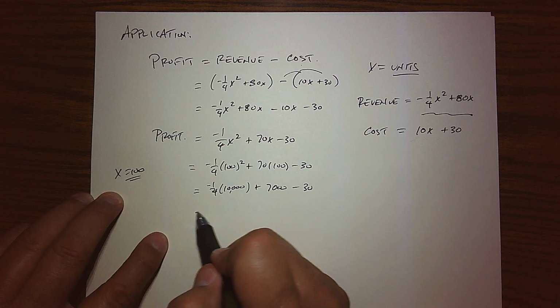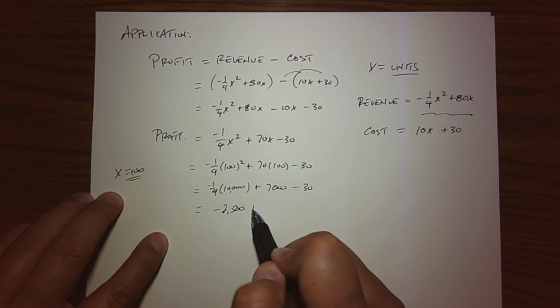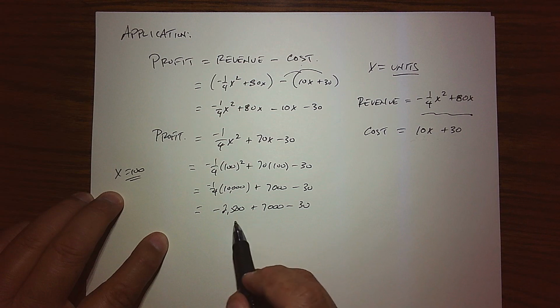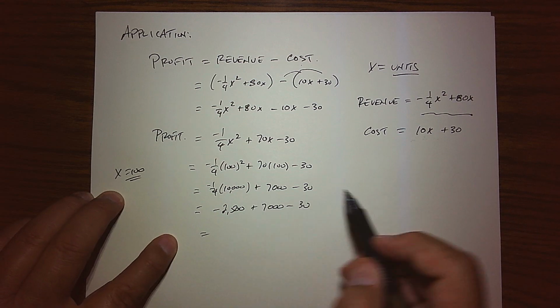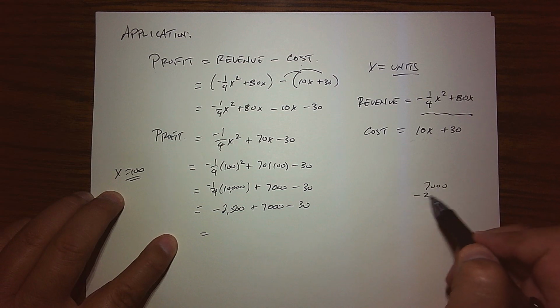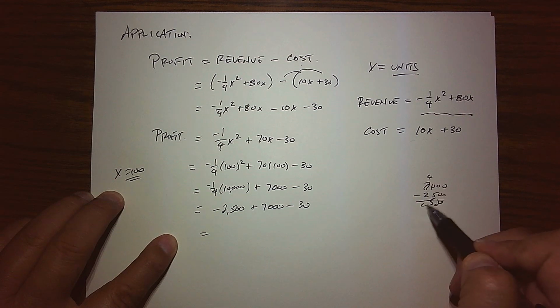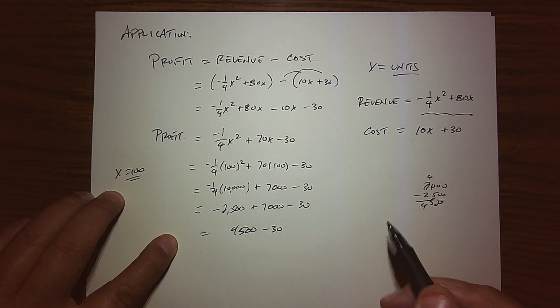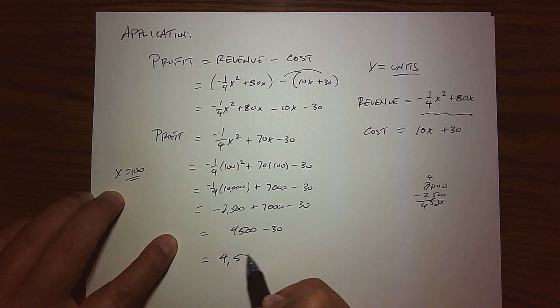You guys have the calculators, you can check my math. All right, and then adding some stuff up, this is 4,500 minus 30, which basically gives us 4,470.